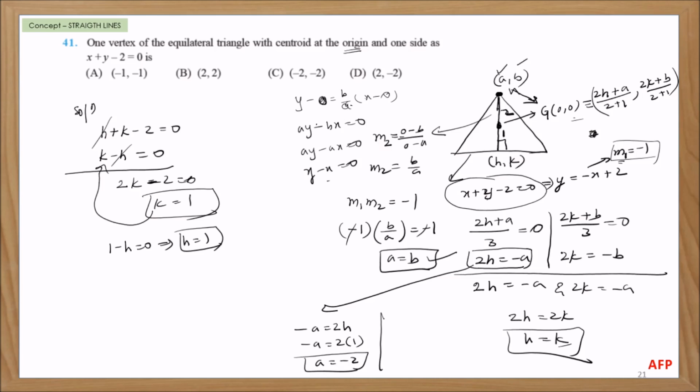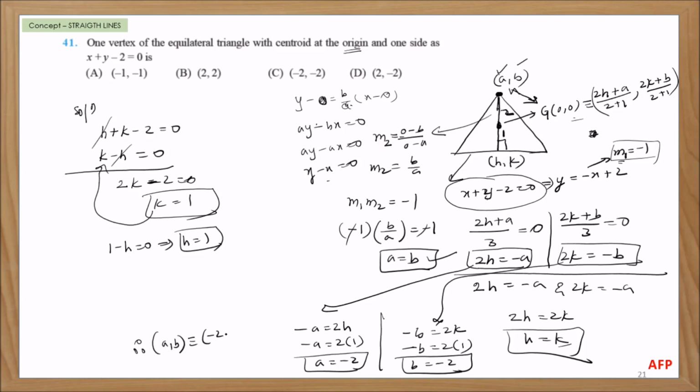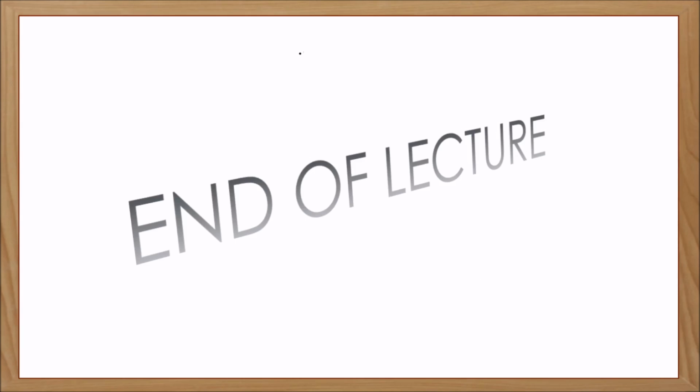Next one, using this identity, minus b is equal to 2 times k, minus b is equal to 2 times 1, b is equal to minus 2. Okay, here is the next one. So therefore we can write a comma b is nothing but minus 2 comma minus 2. So minus 2 comma minus 2 is the correct answer. Okay. Thank you everyone.